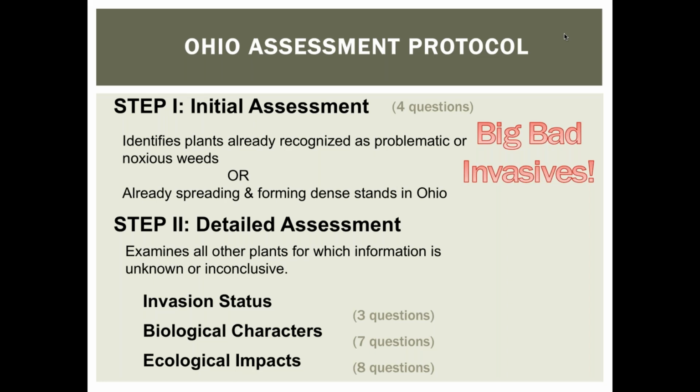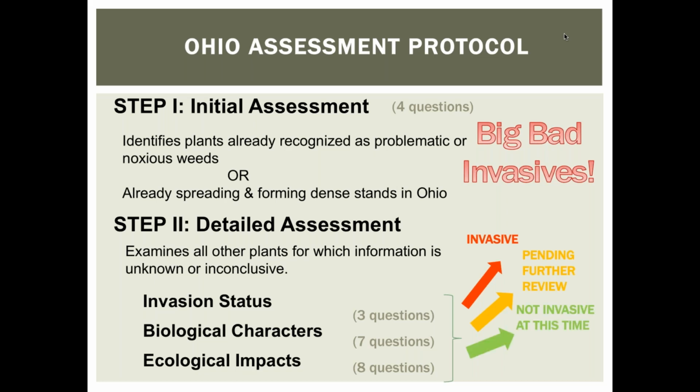And then 8 questions dealing with ecological impacts: spread, impacting other native animals or plants, altering ecosystem processes, succession, all those sorts of things. So based on the detailed assessment, species would be identified as either invasive, pending further review, or not invasive at this time.